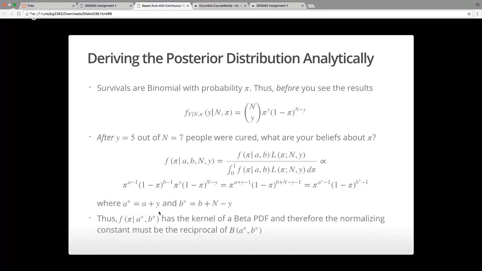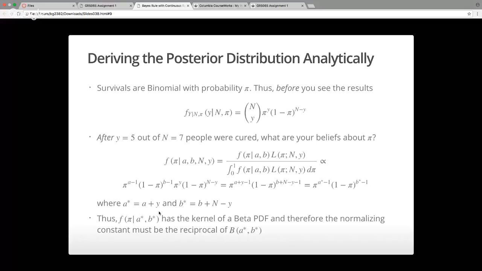Thus, we automatically know the posterior PDF, pi given a star and b star, has the kernel of a beta distribution. We know the normalizing constant is going to be 1 over the beta function evaluated at a star and b star. That's going to make it integrate to 1. And so we've concluded, or Thomas Bayes concluded, the posterior distribution in this case is a beta distribution.